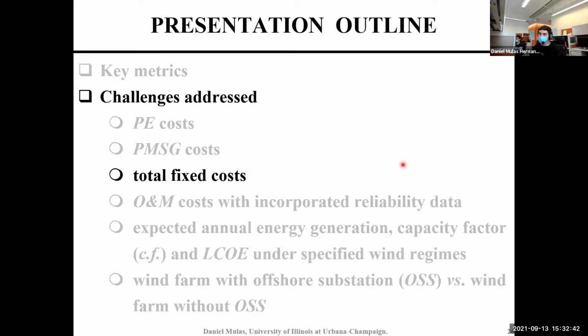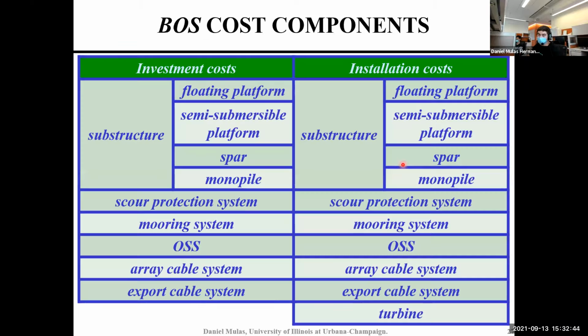Now moving on to the total fixed costs. For the total fixed cost, we use a tool called ORBIT, which is a tool that calculates the balance of system costs of every offshore wind farm, and it takes into account the substructure that you are using. This could be any of these types of substructures, the scour protection system that you are using.